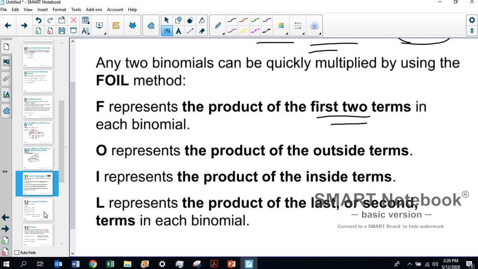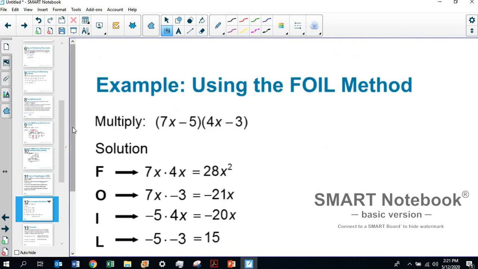And so that's what FOIL stands for, F-O-I-L. There's 4 combinations of things that you can multiply when you have two terms and two terms. Remember, binomials have two terms. And so if you have 2 and then another 2, you can have 4 combinations of those guys when you multiply them. And so it looks like this.